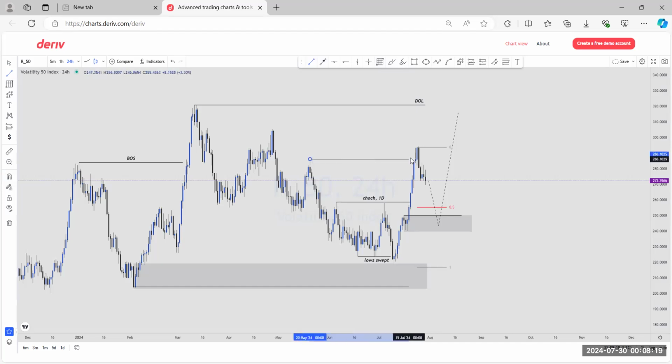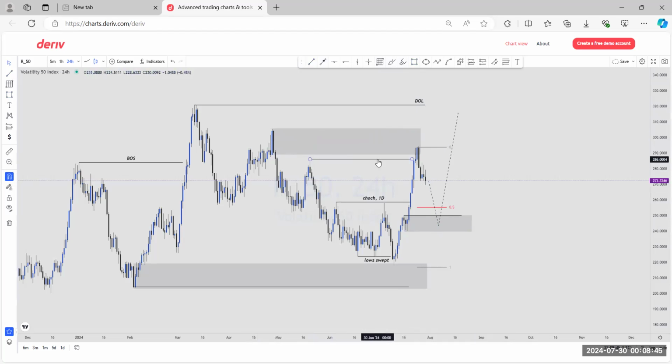We have this liquidity that price has broken. And some people will mark this up close candle before that as a sell order block, which is not wrong. So this is what is causing the reversal or the retracement into this zone, and price will eventually have to violate this area, break the high and continue to the upside.